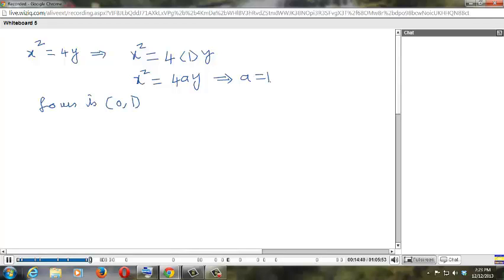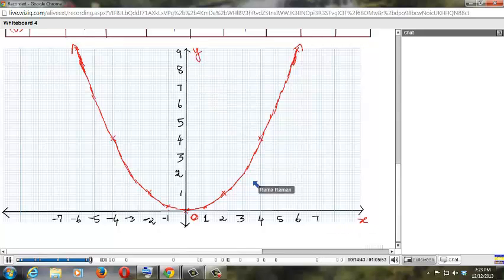So the focus is at the point 0, 1. So we may see it here. Let us mark the point 0, 1. 0, 1 is the focus.